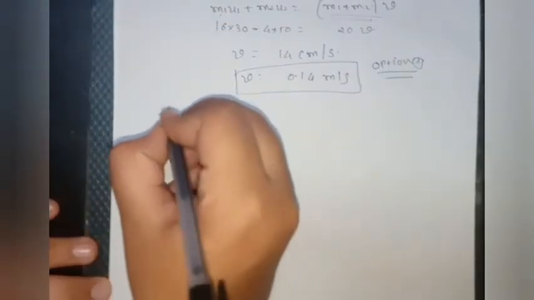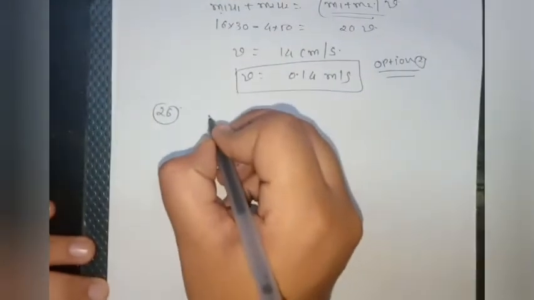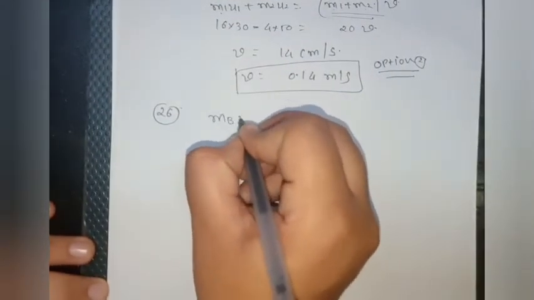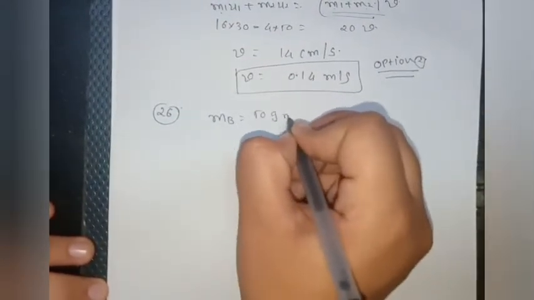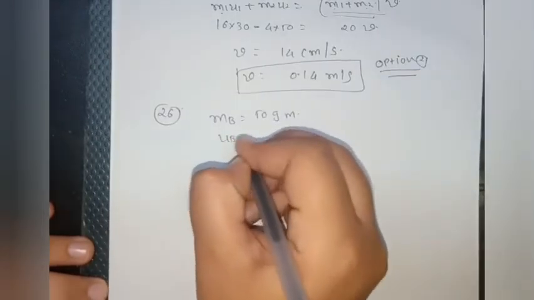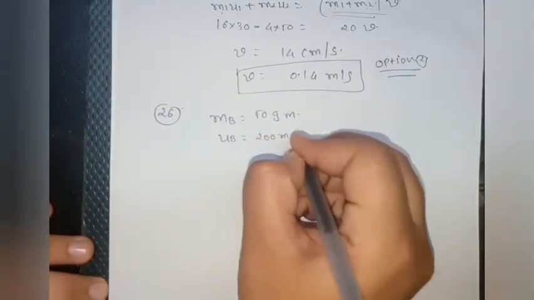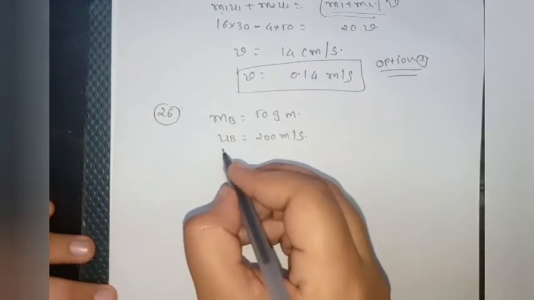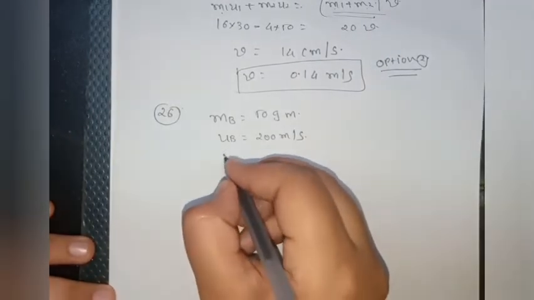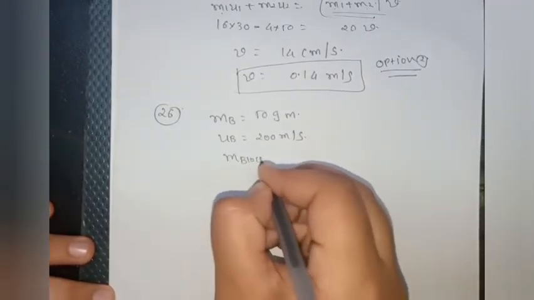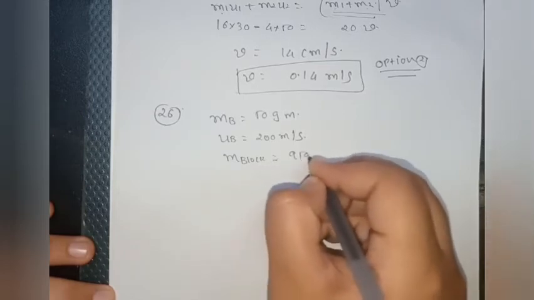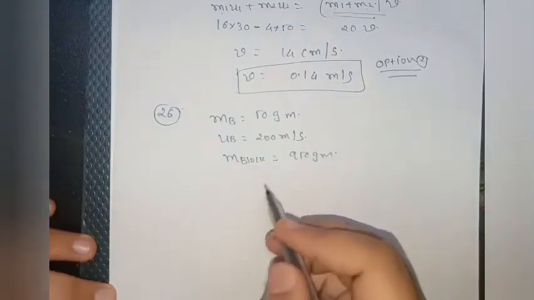In question number 26, a bullet of mass 50 gram is going with speed 200 meter per second. It strikes a wooden block of mass 950 gram and gets embedded in it.